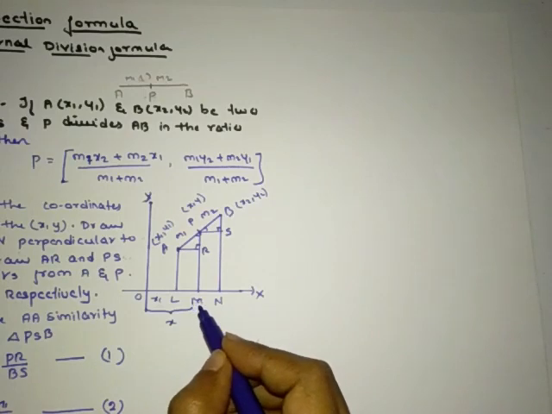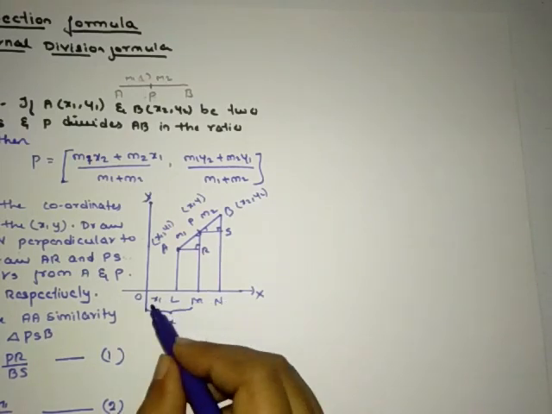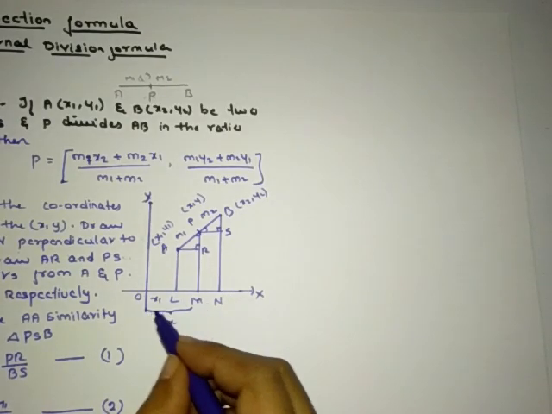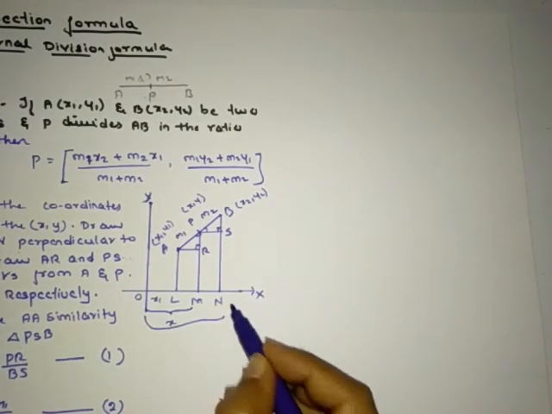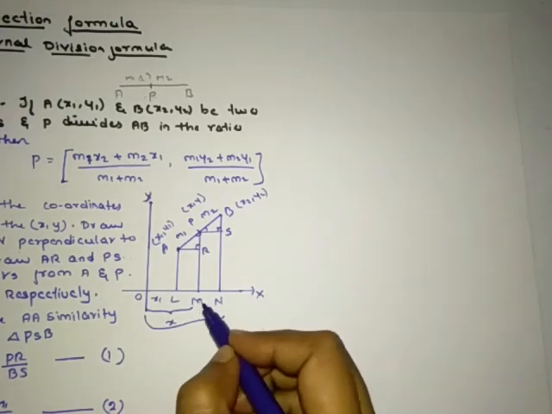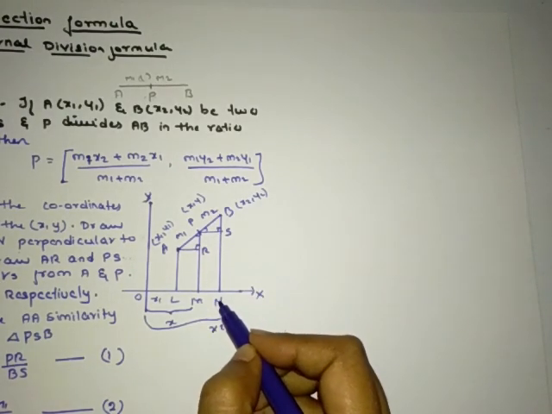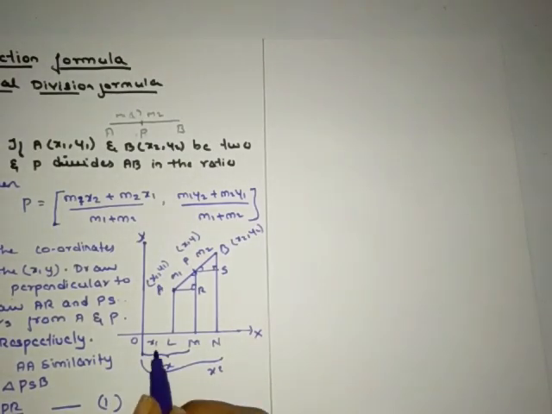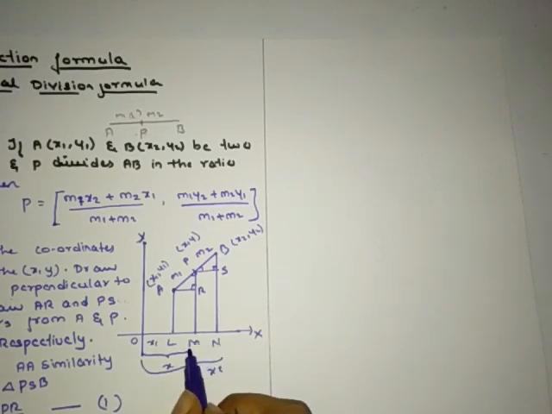And now the length of ON is x2, and the length of MN we'll find later. Here we came to know the lengths of OL, OM and ON, isn't it? Now we need to find the length of MN, LM.